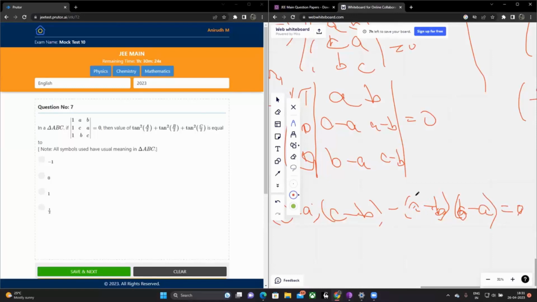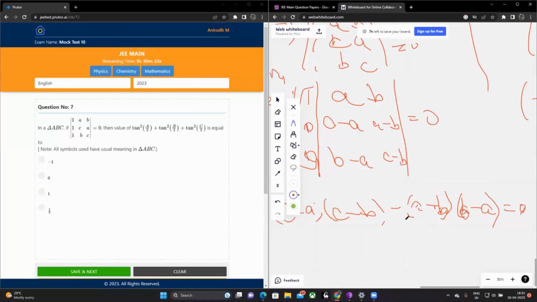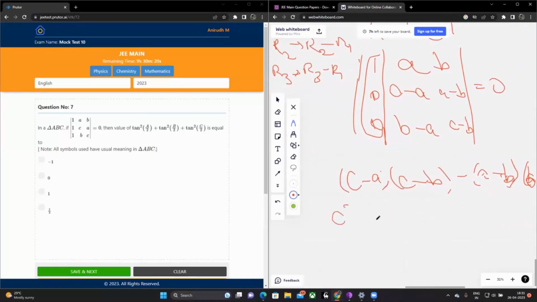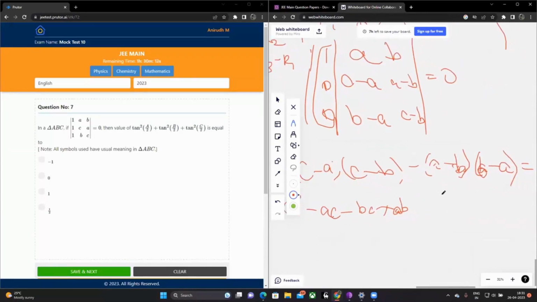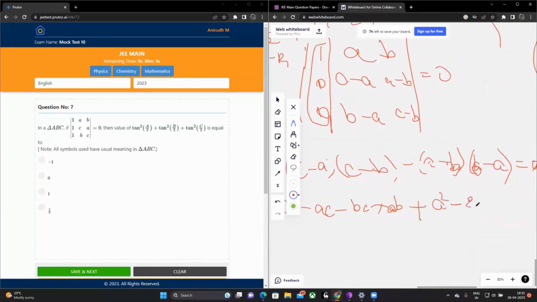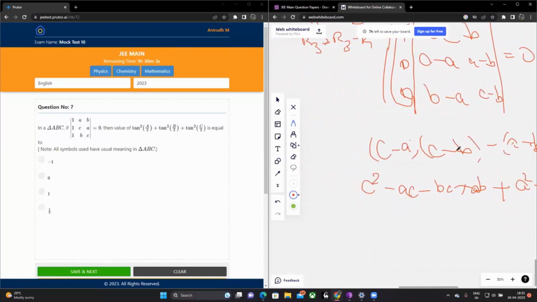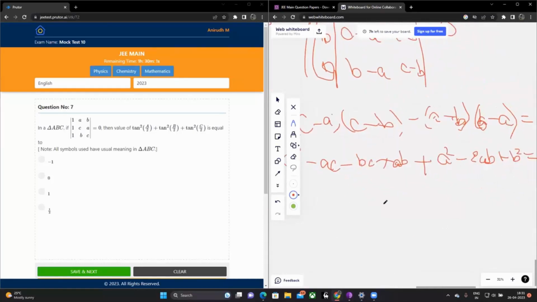This is basically minus of a minus b the whole square, right? And I just expand this to give you c square minus ac minus bc plus ab plus a square minus 2ab plus b square. This equals 0. This plus ab and one of these minus 2ab get cancelled.